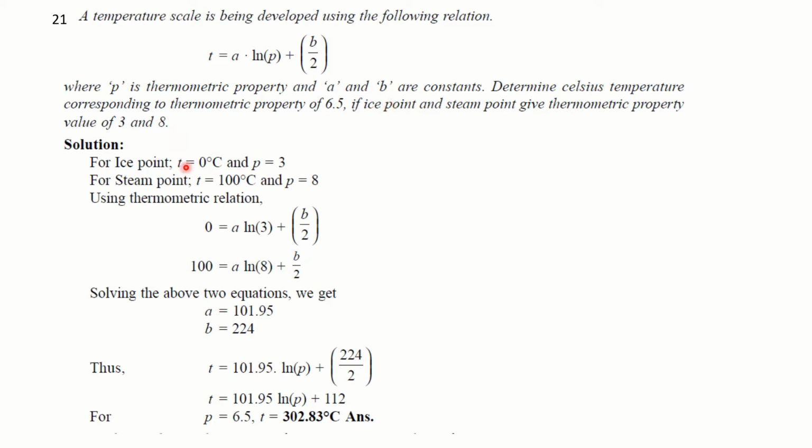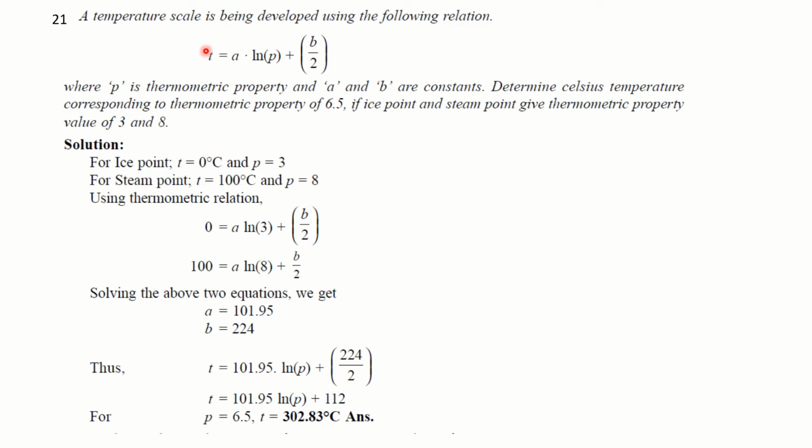Ice point temperature is 0 degree Celsius. Substitute 0 degree Celsius. Corresponding thermometric property is 3. Substitute 3 here. So you will get 0 equals A ln 3 plus B by 2.